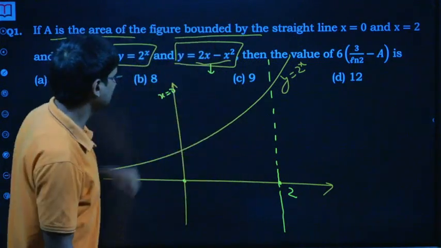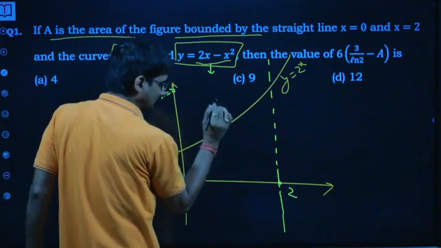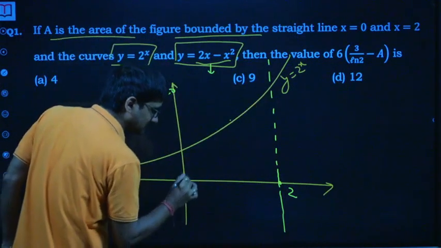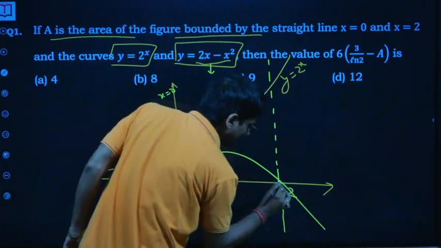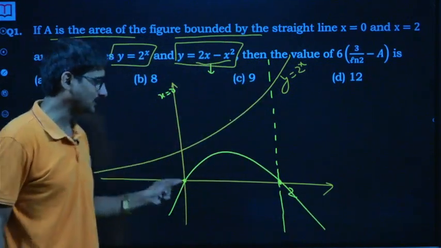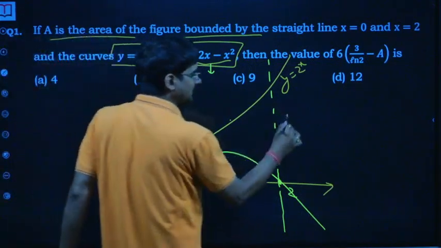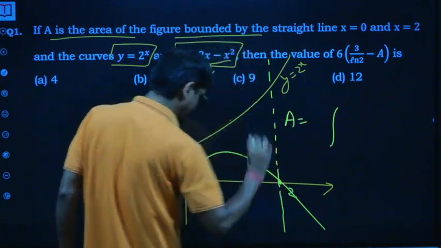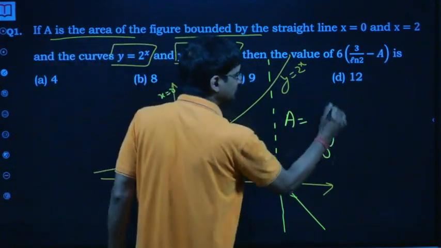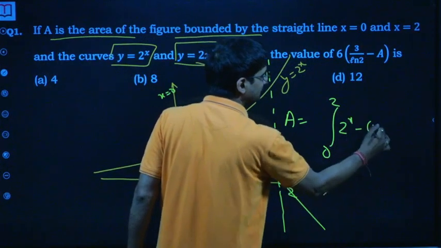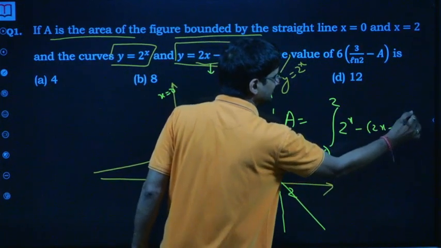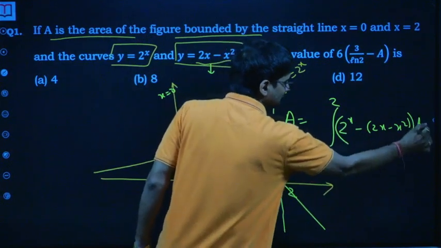At 1 the value of the parabola is 1, and for the exponential the value at 1 is 2. So the parabola doesn't intersect the exponential curve, and it's simple. The area is nothing but, between 0 and 2, the upper curve minus the lower curve. As simple as that. Just a warm-up exercise.